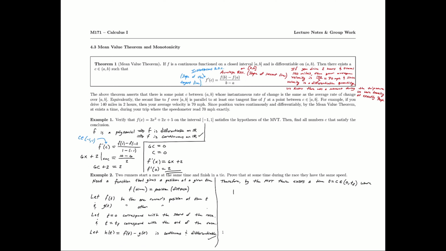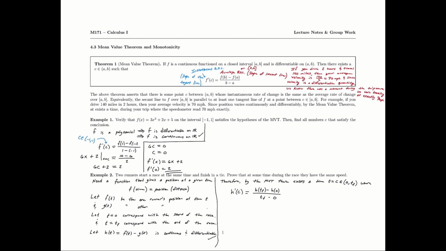not h bar, h prime of c is equal to the average rate of change. So h of t final minus h of 0 all over t final minus 0.